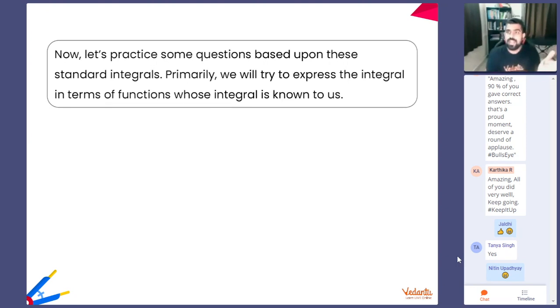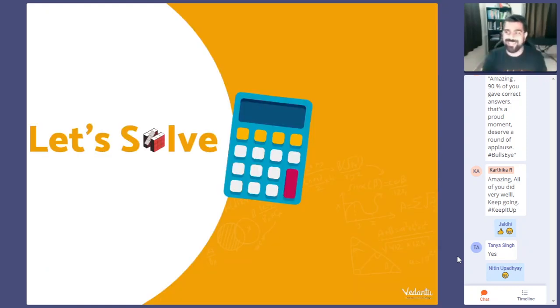Got it? As soon as you see the question, it's not like, oh, sir, this is first formula, this is second formula. That everybody can do. But I will give you questions where you have to think a little bit, bring it to the formulas which I gave you, and then solve it. Understood? So primarily, we are going to develop that skill, manipulation skill. So let's get started, people.